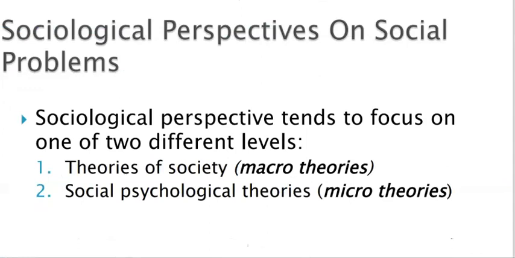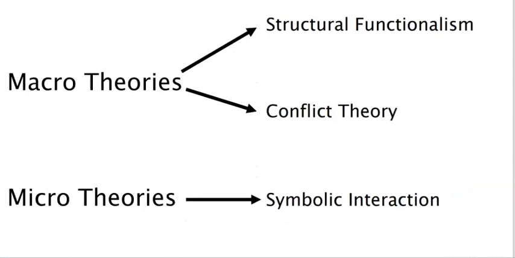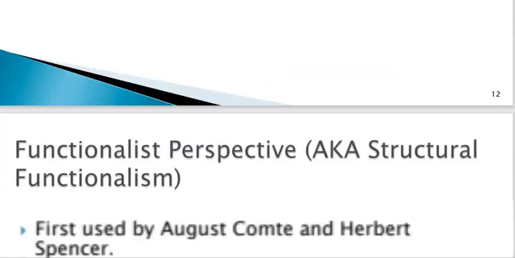So sociological perspectives on social problems tend to focus on one of 2 different levels: theories of society, or the macro theories, and social psychological theories, which are micro theories. Macro theories include structural functionalism and conflict theory. Micro theories include symbolic interaction.